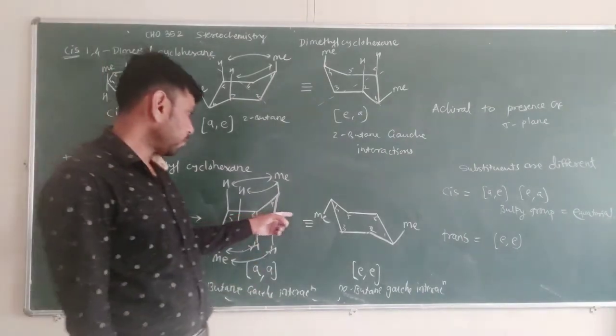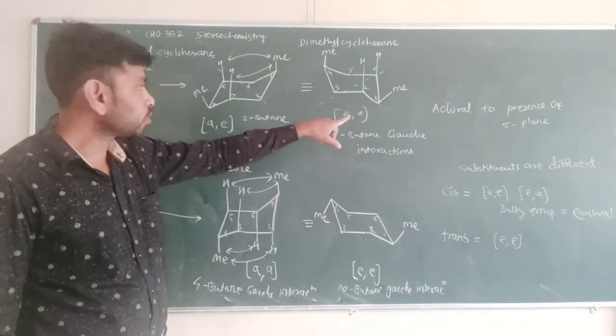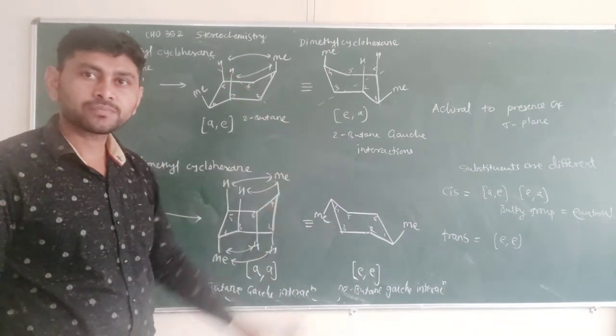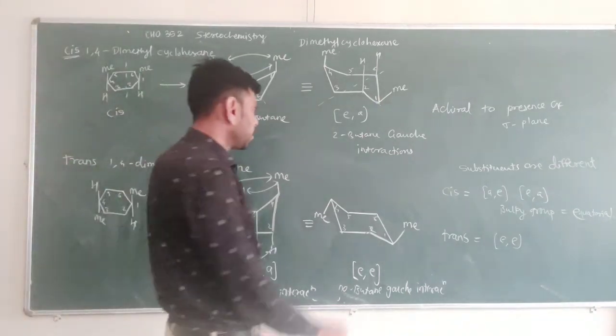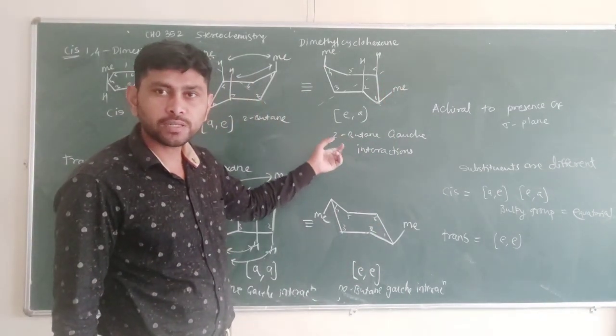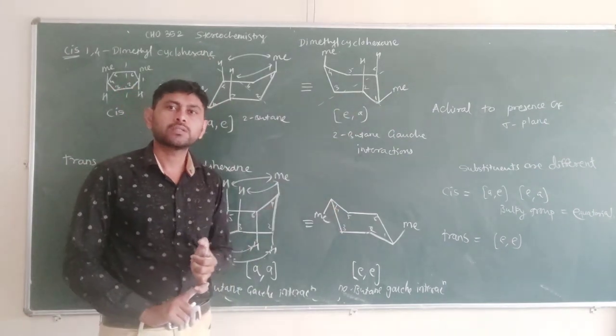And if we see, all the forms are achiral because a plane passes through it in 1,4, so all forms are achiral. If we change the substituent, then also all the forms are achiral. So these are about the different positional isomers.